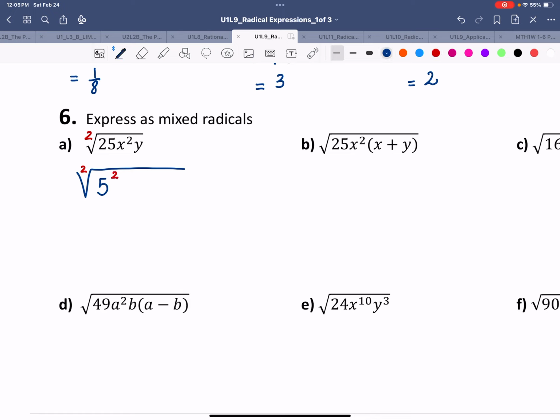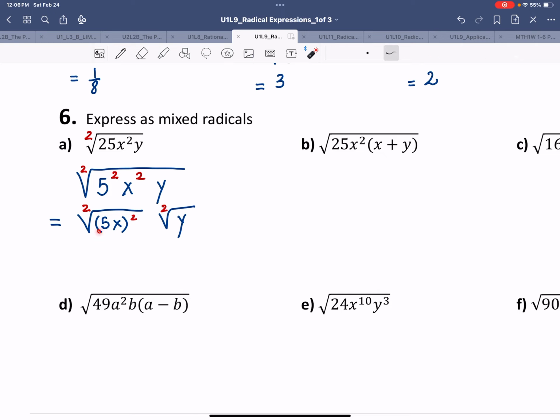And we're going to try to write x with a power of 2. Now x is already power of 2. Now y is just power of 1, so we cannot simplify that. So therefore, we're going to say that we have in here the square root of 5x to the power of 2 multiplied by the square root of y.